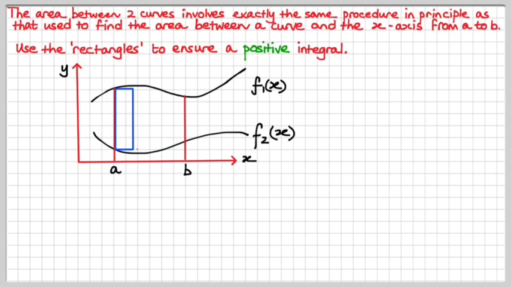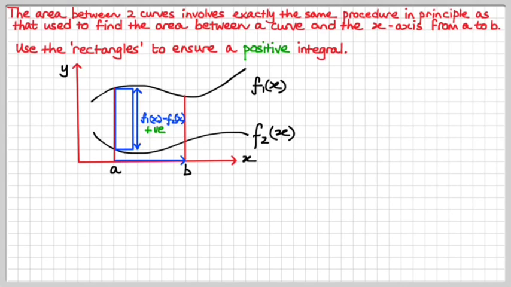Okay, now here's our rectangle, and we can see that f1 of x minus f2 of x, that is the y value of f1 of x minus the y value of f2 of x at, for example in this case, x is a, gives us a positive result. Top minus bottom in terms of y gives us a positive result.